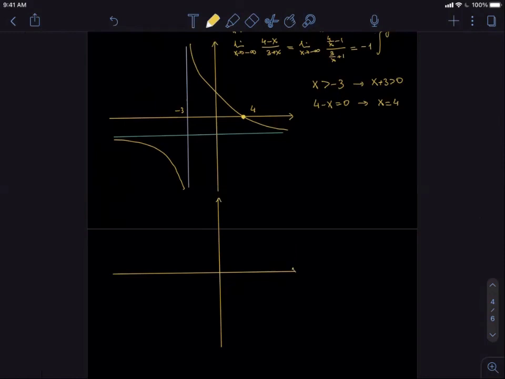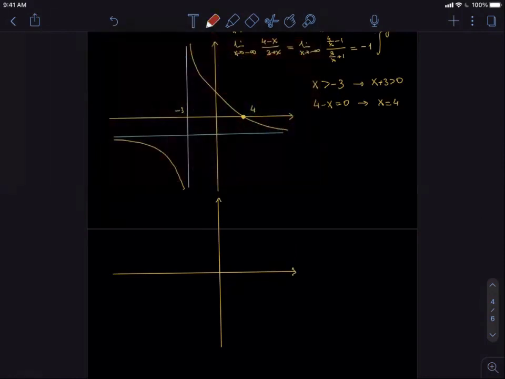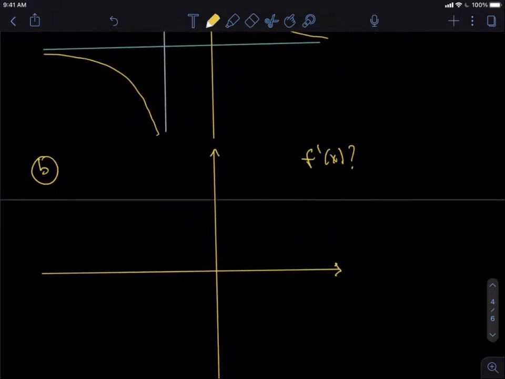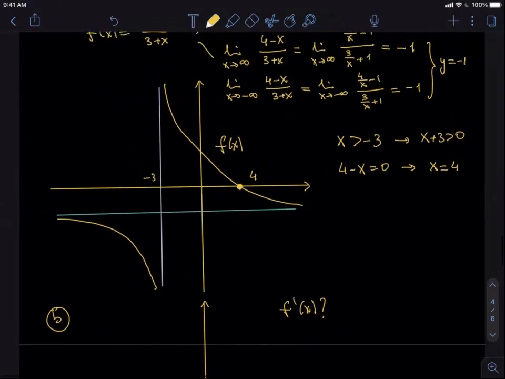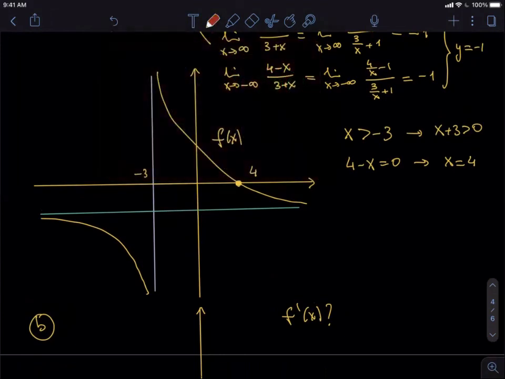When we want to sketch the derivative, this was my function f, and now I want the derivative. The interpretation of the derivative is the slope, so we can put some tangents here to see how the derivative looks.